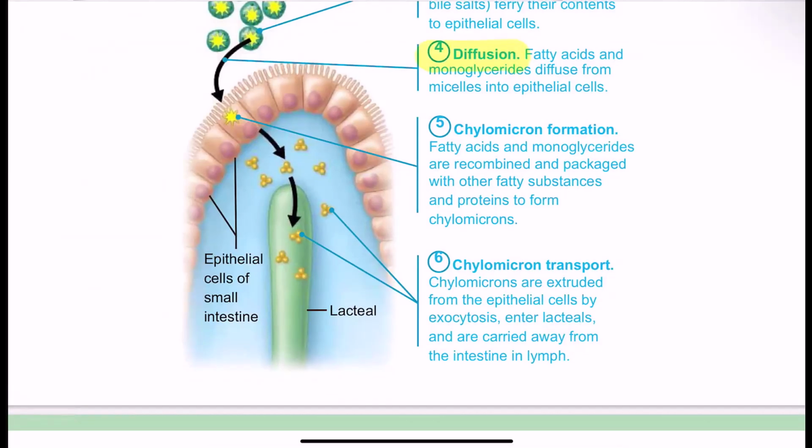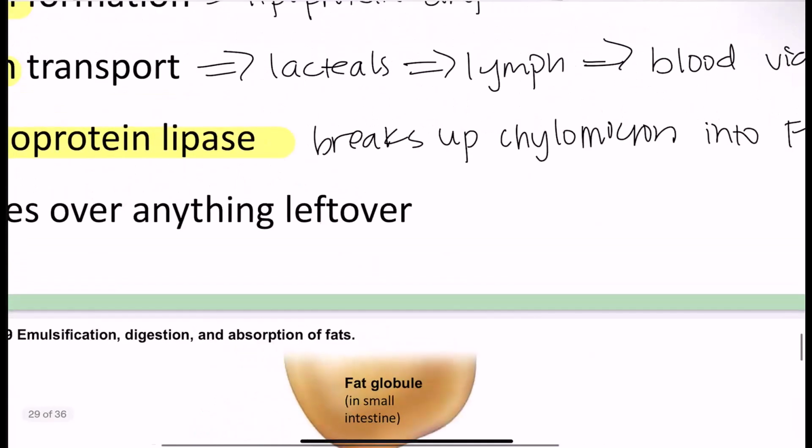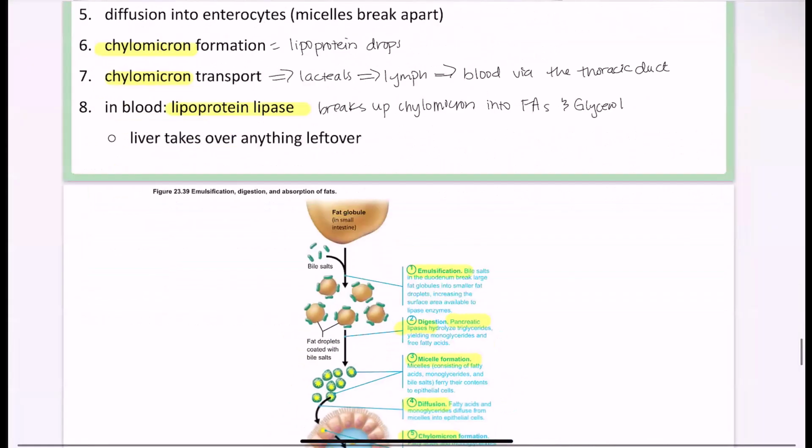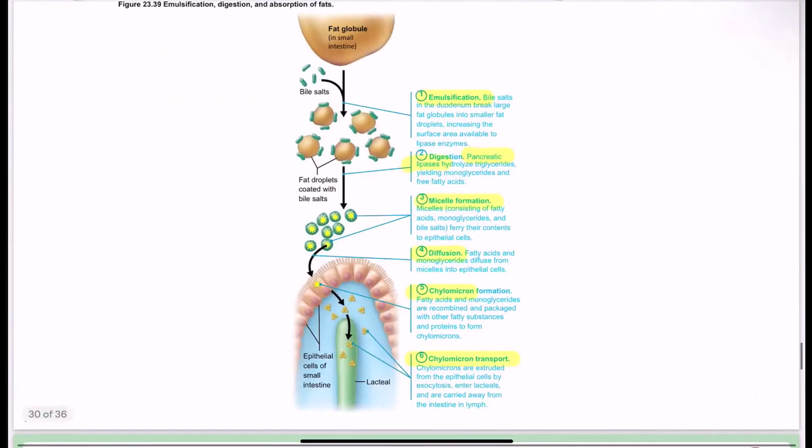Then that diffusion step occurs when we get fatty acids and monoglycerides. We get the formation of chylomicron, and then we transport it. And then that chylomicron ends up in the lacteals, and then we get back into the blood. And then those chylomicrons are digested by the other enzymes, those lipoprotein lipases. Lipoprotein lipases digest chylomicron. But it's not shown on this slide just because the textbook didn't.